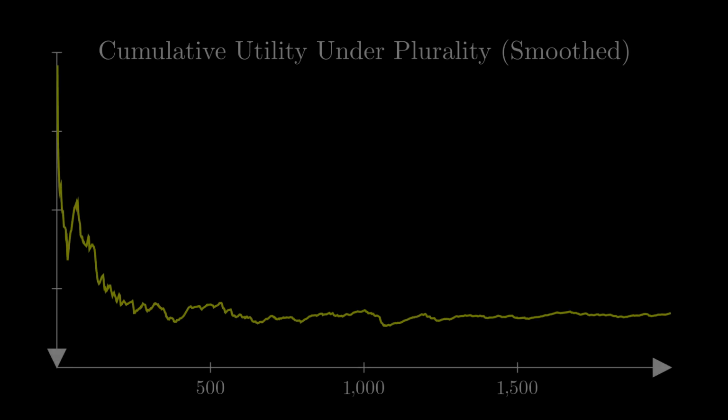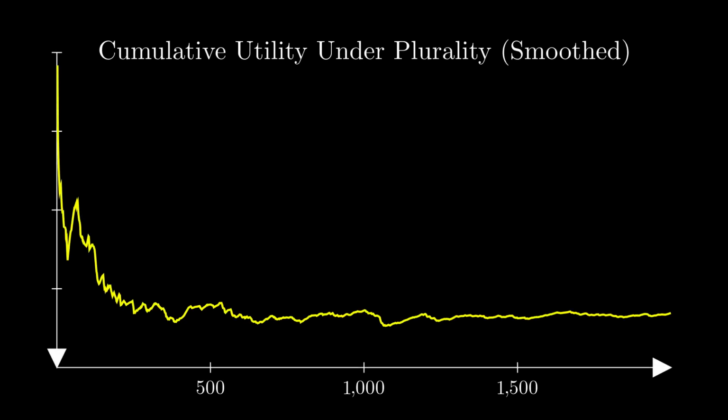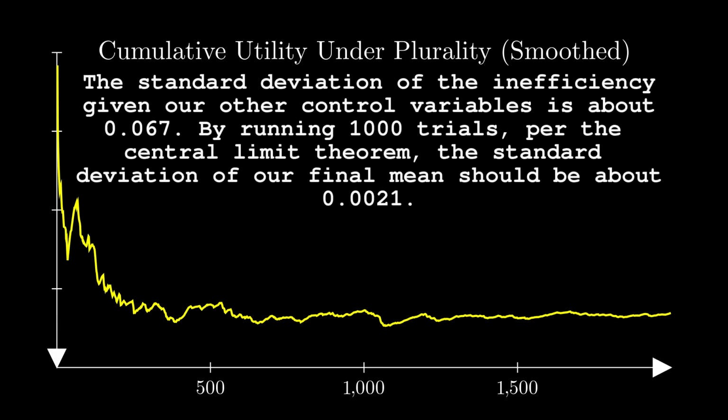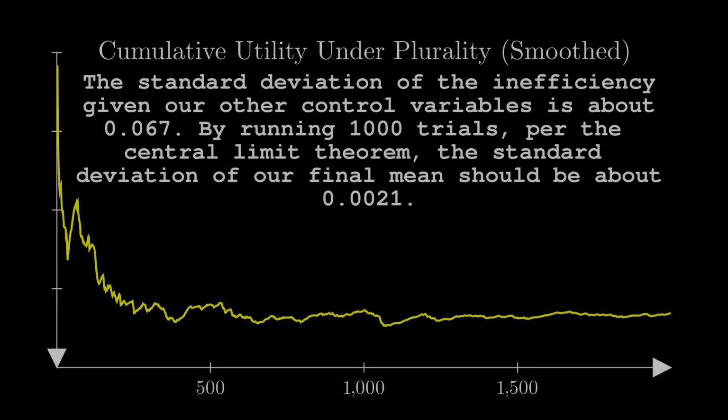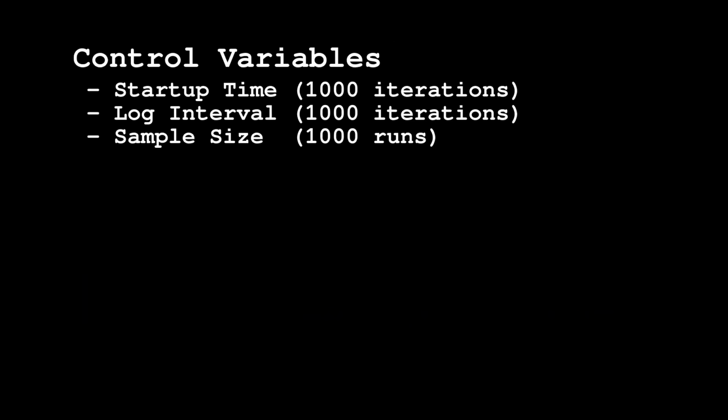To compute the inefficiency, we will run the simulation for 1,000 iterations to let it reach long-run behavior, then collect 1,000 samples of the cumulative utility to average and normalize. This procedure will be repeated 1,000 times to smooth out any randomness introduced by the initialization of the policy space. These are our control variables, and will be fixed across all of our experiments.